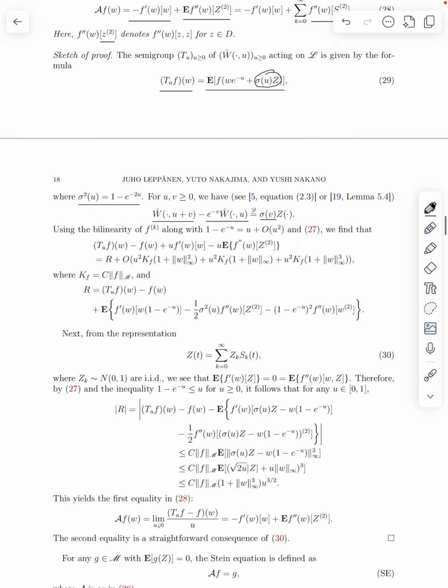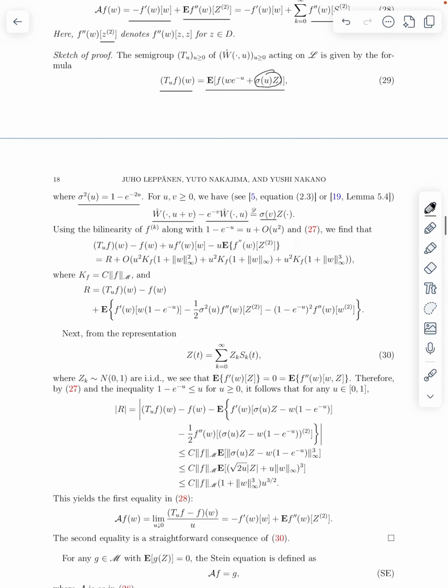In particular, we know that 1 minus e to the negative u is equal to 1 minus (1 minus u plus u squared over 2 minus u cubed over 6 plus so on and so forth).